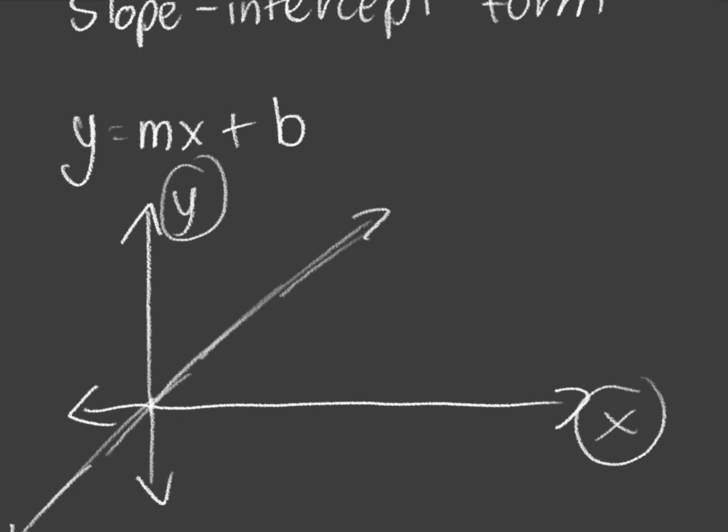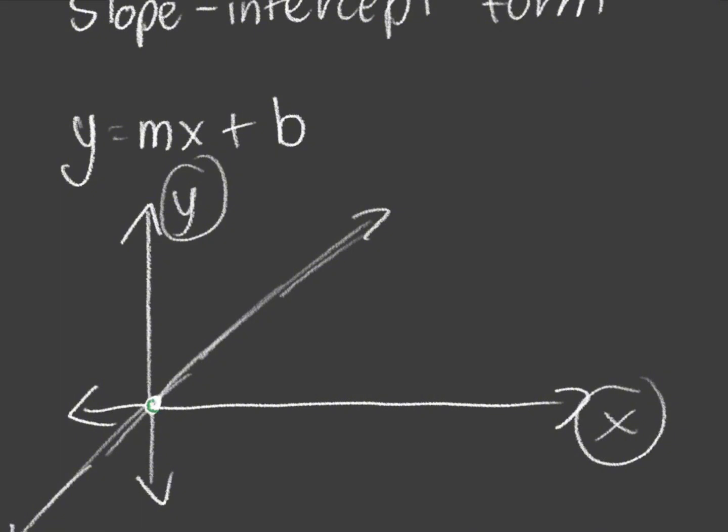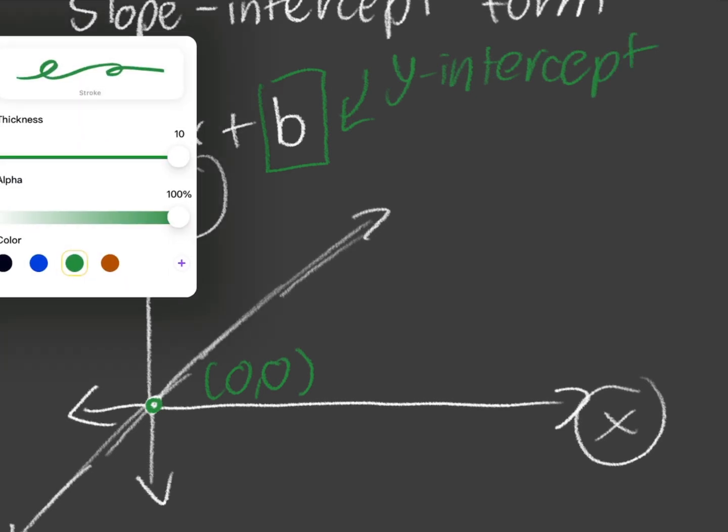In our representation right here, our line is directly intersecting 0, 0, the origin. In an equation, the y-intercept is b. And remember, the y-intercept is where the line intersects the y-axis.